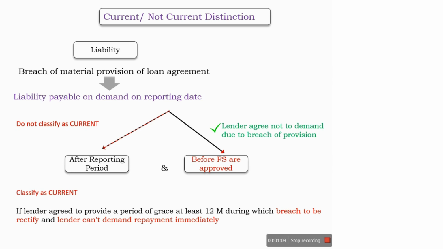IND AS treats an agreement to refinance or to reschedule payment on a long-term basis after the balance sheet date as a non-adjusting event, but the lender's waiver of a breach of material debt provision is considered an existing event. So this is an interesting topic that affects the classification of liability between current and non-current.